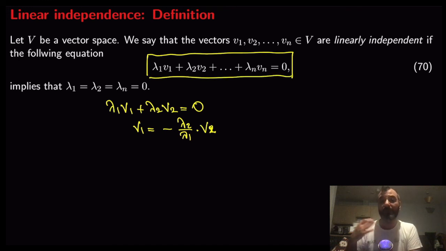Why? Because if not, then I can express one of these vectors as a linear combination of the other ones. So I don't need it to describe spans, to describe linear combinations. So this is the concept of linear independence.